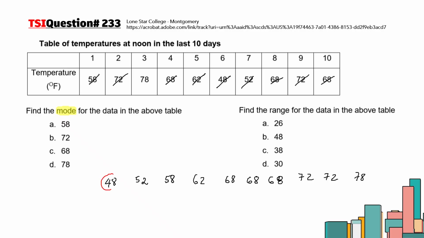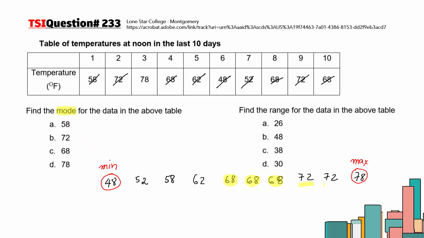So the minimum is the smallest number, and the biggest number is the maximum here. So the most frequent is 68 because it appeared 3 times.